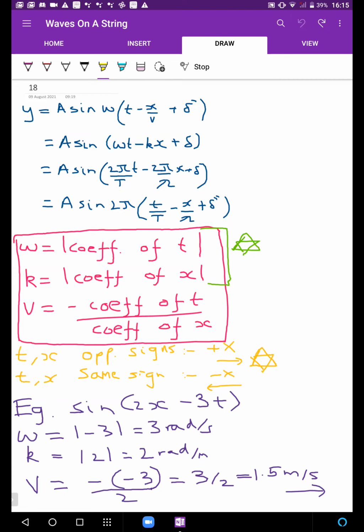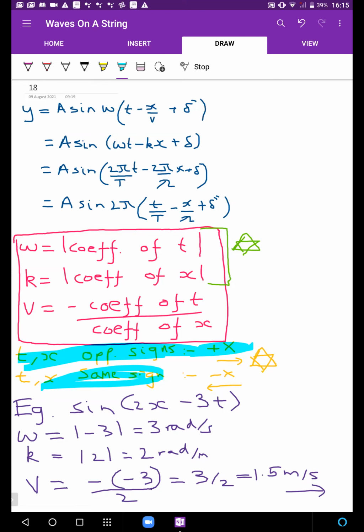Similarly, x का coefficient, net coefficient जो भी होगा, that will give you the magnitude of k. Okay, so ignore the signs, you'll get omega and k. Omega and k are always positive. And to get the direction of velocity, the basic hint is when those coefficients are of opposite signs, it's moving along positive x. And when those coefficients are of the same sign, it's moving along negative x.